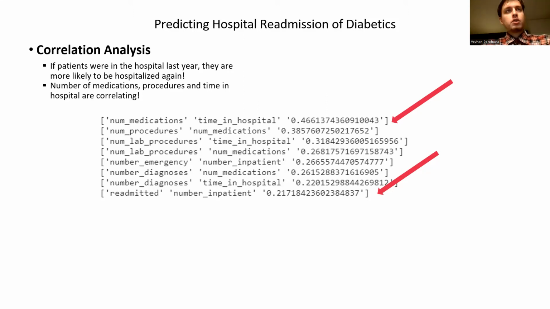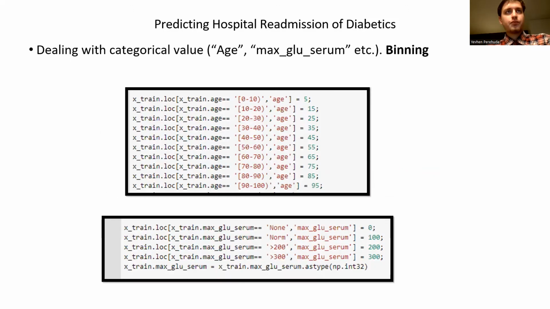But there is one small interesting point. We can see that readmitted is correlated with the number of inpatient visits to the hospital. So probably we need to store information about previous hospitalizations of our patients.